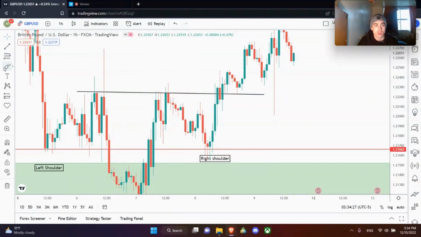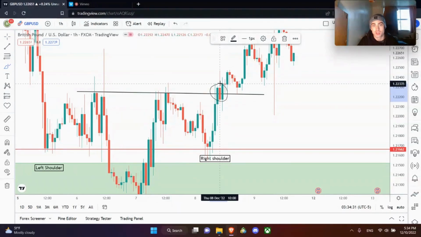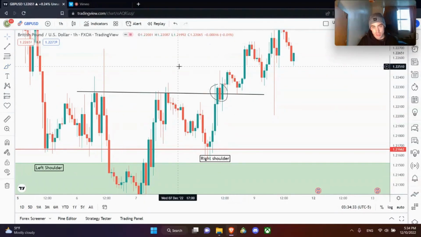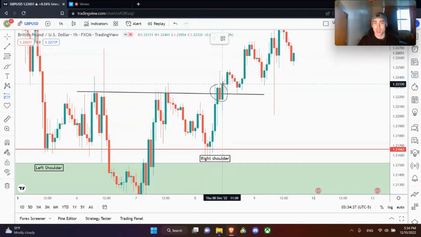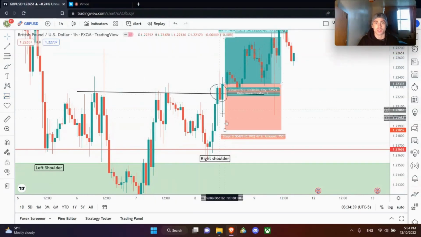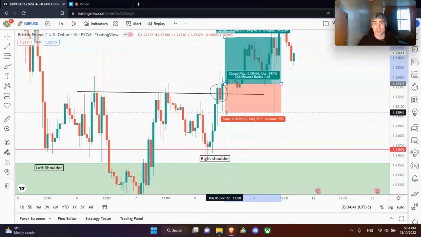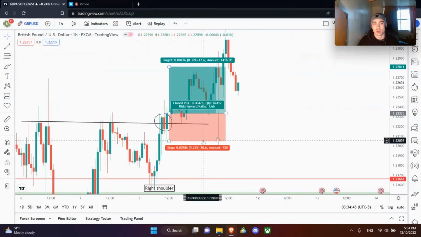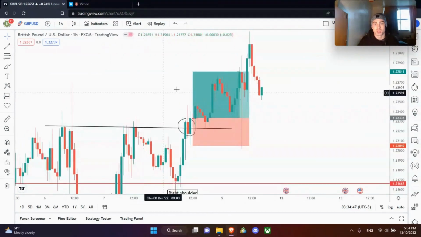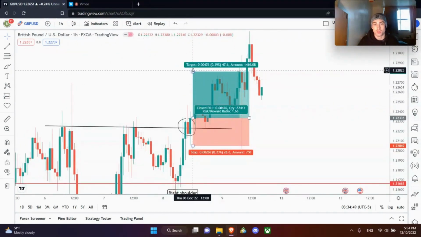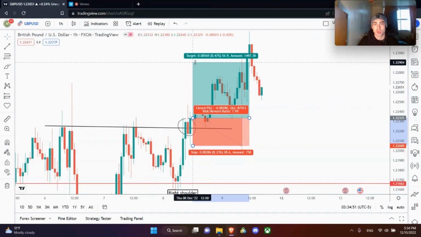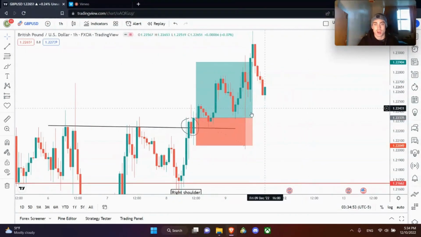In this case, we have our break and retest, which is within these three candles right there, and we're going to enter on the bullish candle after the retesting candle. Our stop loss is going to be below the wick here, 28 pips, and our take profit is a 2 to 1 at 56 pips right there.